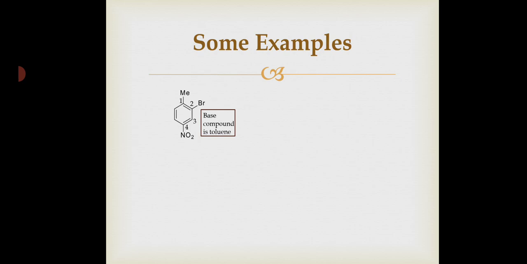And so bromo and nitro names will come in the prefix, and the base compound name is toluene. Now, who will come first? 2-bromo or 4-nitro? Remember, here we have to follow the alphabetical order. So 2-bromo will come first and then followed by 4-nitro. So the name of the compound is 2-bromo-4-nitrotoluene.